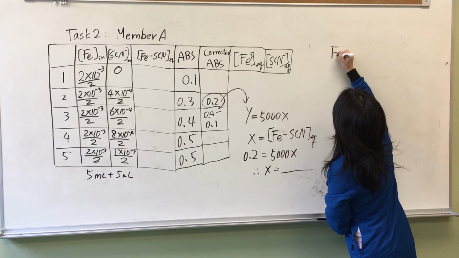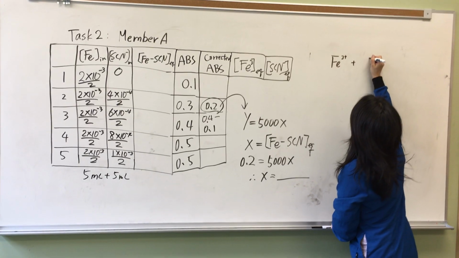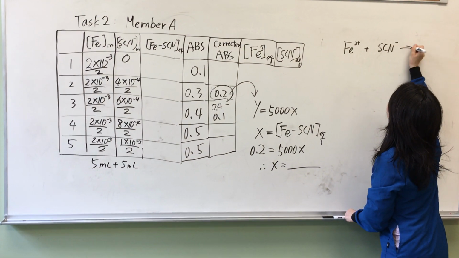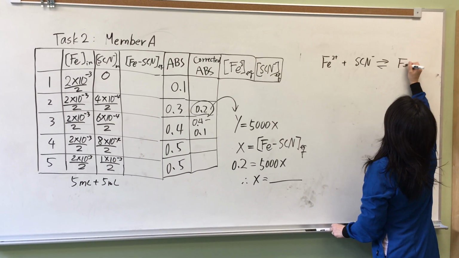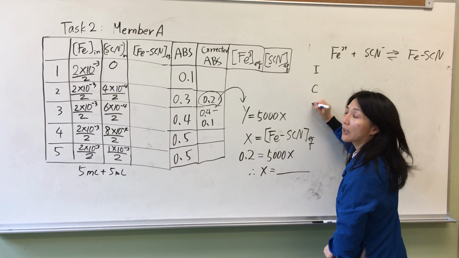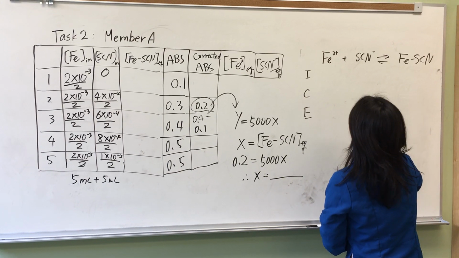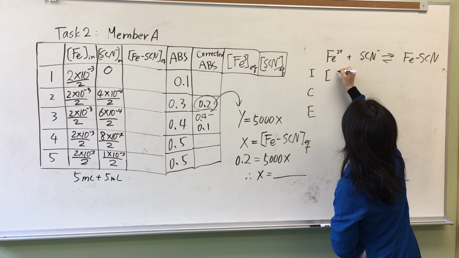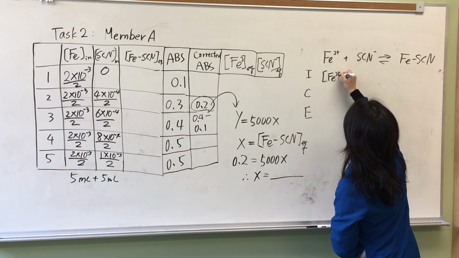So the equilibrium reaction, you have this one, and you have to use the ICE table. So this one is the initial.